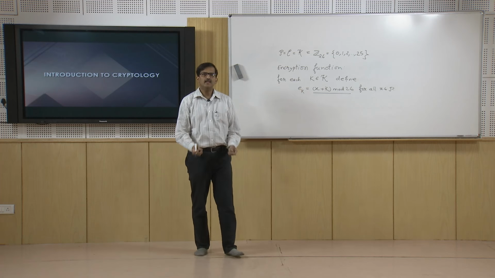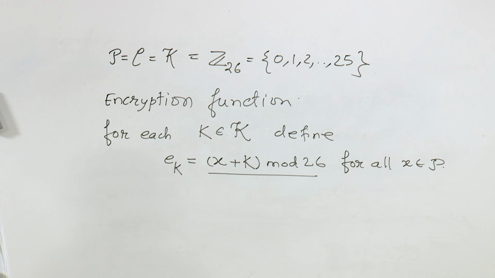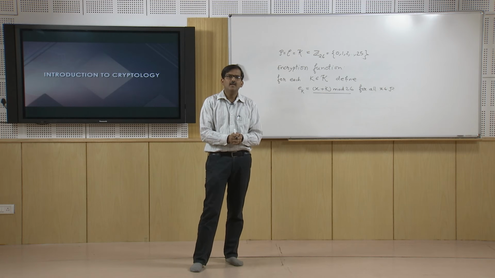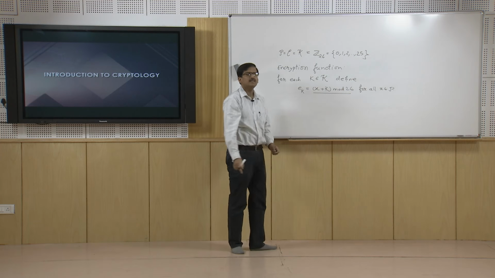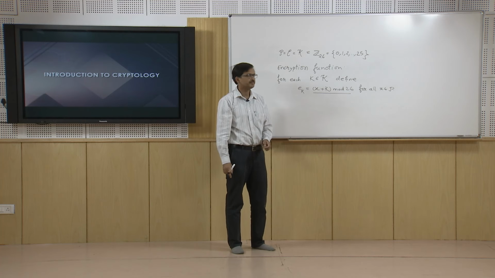This means that take x as an integer between 0 to 25 and K is also an integer between 0 to 25, add them and then divide by 26 and take the remainder.